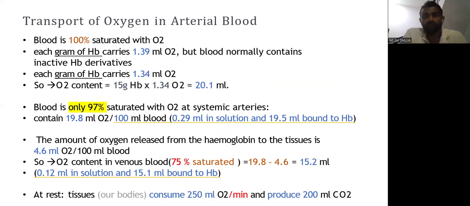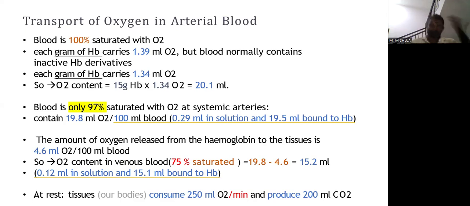Now listen very carefully. This is very important. Usually we assume our blood is 100% saturated with oxygen. Each gram of hemoglobin carries 1.39 milliliter of oxygen. But blood normally contains inactive hemoglobin also. That means that hemoglobin will not carry any oxygen.